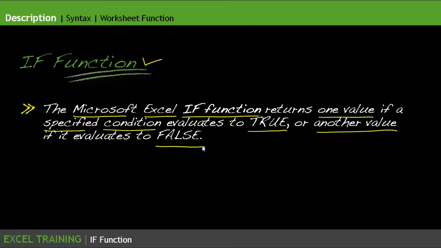This is something important, so let's learn that definition. It says the Microsoft Excel IF function returns one value if a specified condition evaluates to true, or another value if the condition evaluates to false.